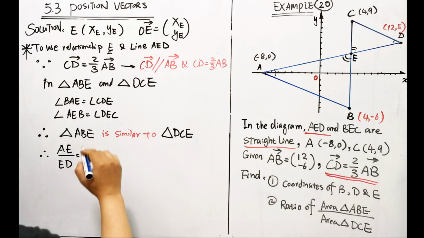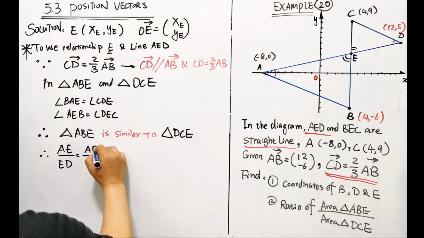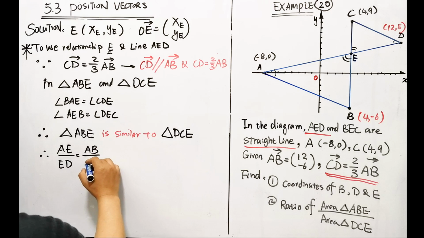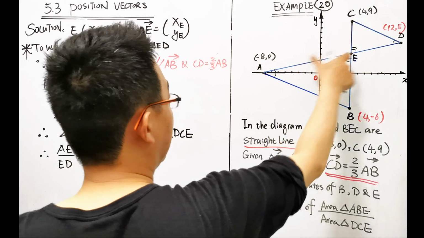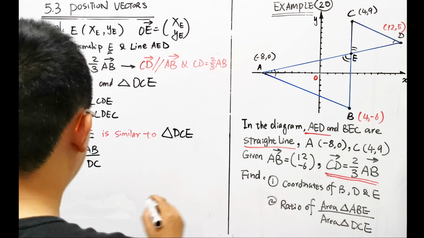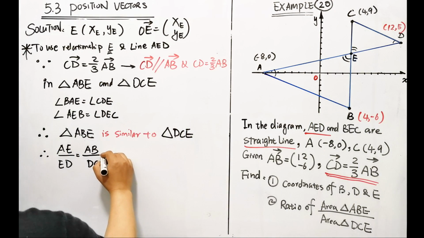This ratio must also equal AB over CD, right? In fact, there's also another one.